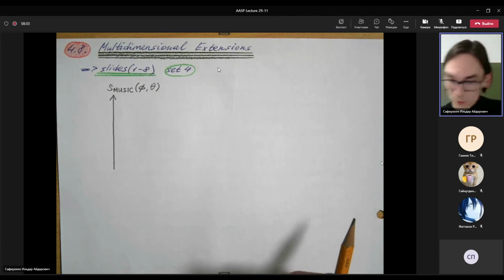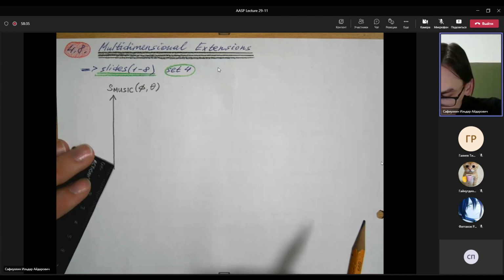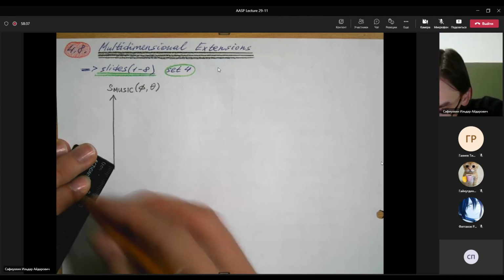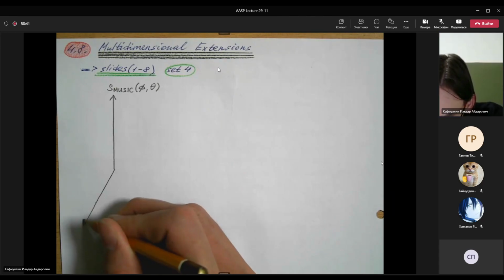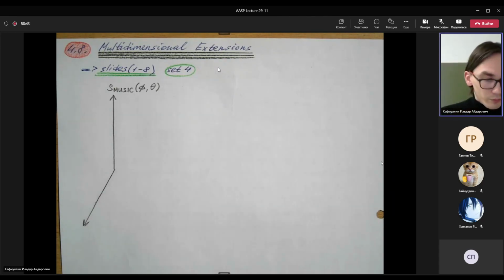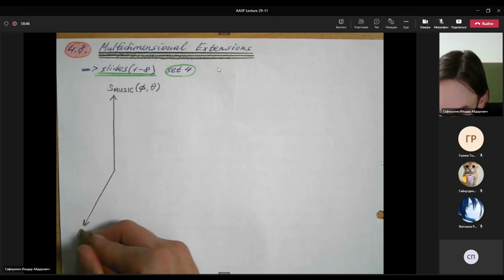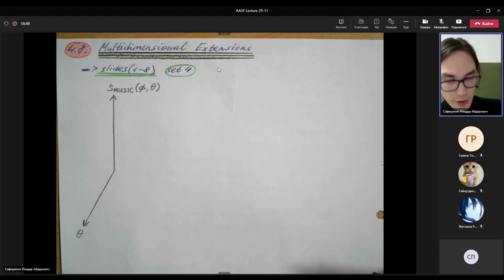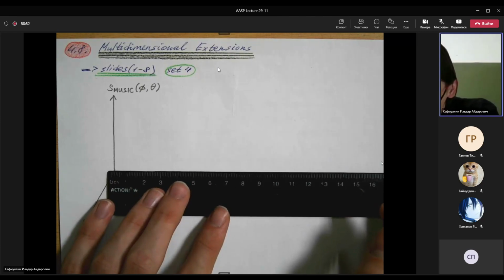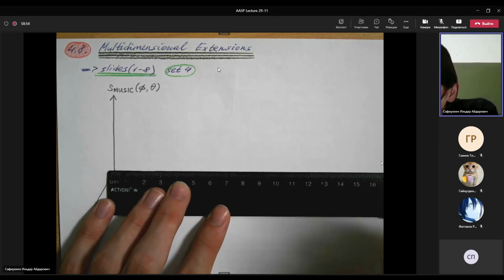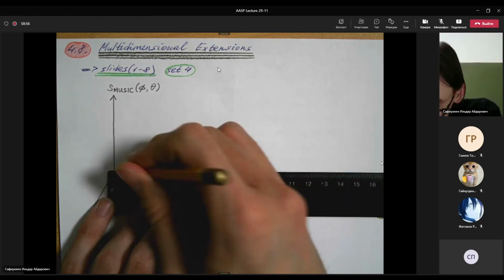Then for X, we will use theta, and for phi, we use the y-axis. So y-axis for phi.